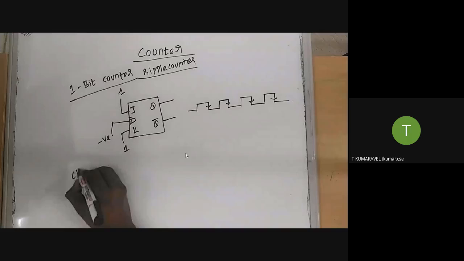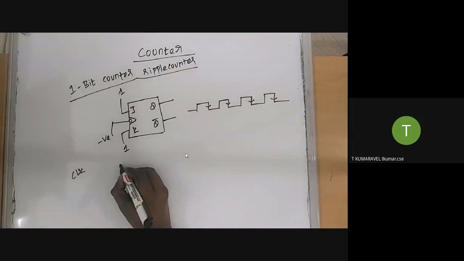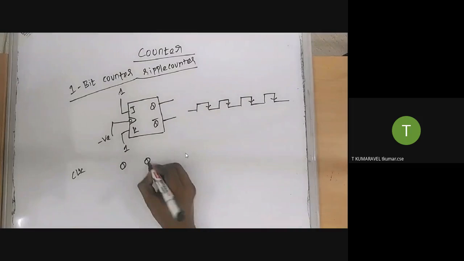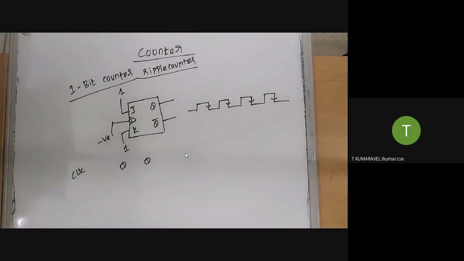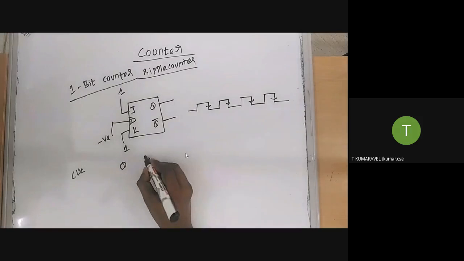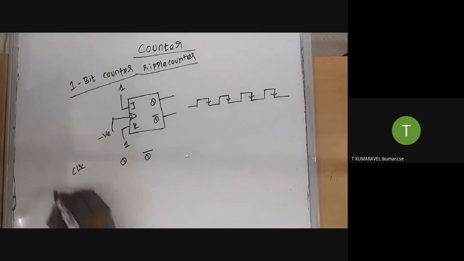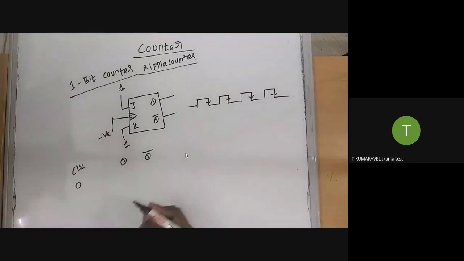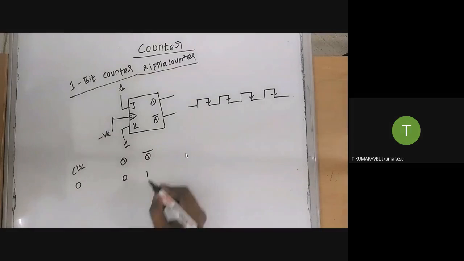Initially, consider that the flip flop is associated with 2 output states, one called Q and another called Q bar. In the initial state, for our consideration, the state of the flip flop is 0, 1. You can take it in reverse order also, there is no problem.